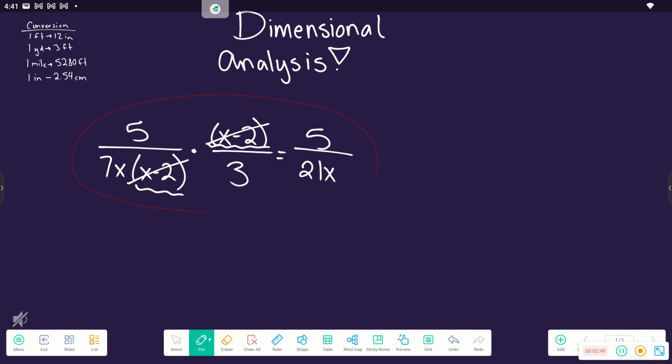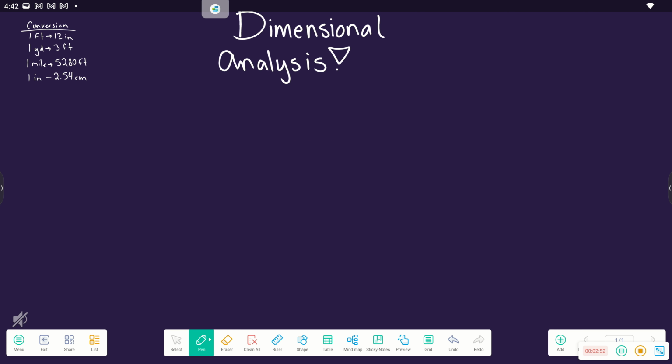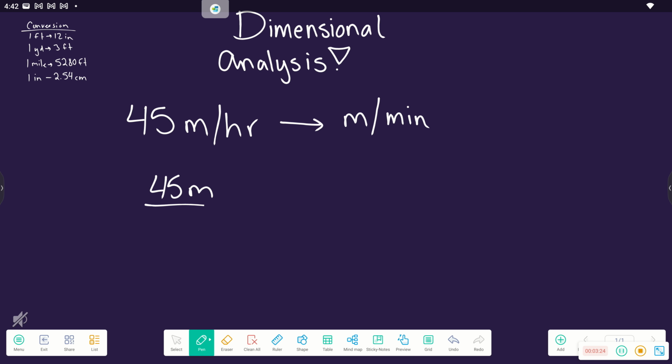Now we use this same concept when we are talking about units. Say for example, I have 45 miles per hour. A classic, driving your car, we're going 45 miles an hour. If I want to convert this into miles per minute, we're going to use the same idea of fractions to make this happen. So I'm going to rewrite it. I have 45 miles for every, let's turn our fraction on its head, 1 hour.